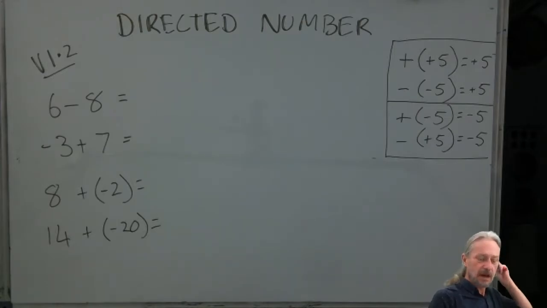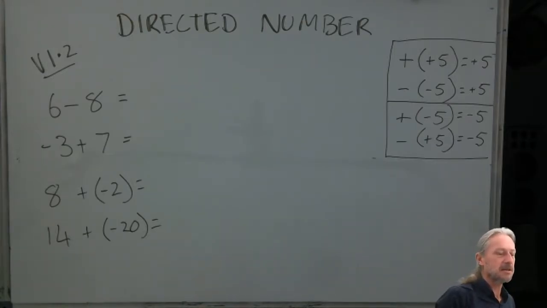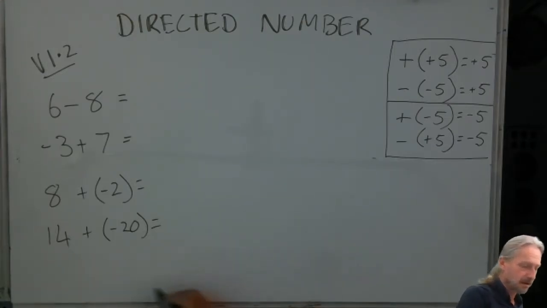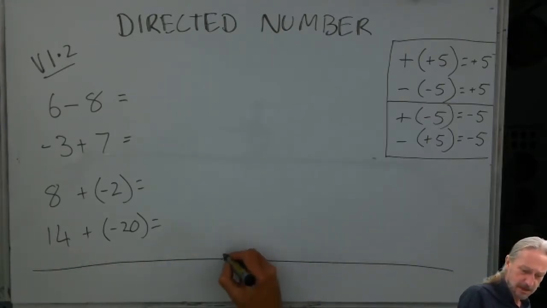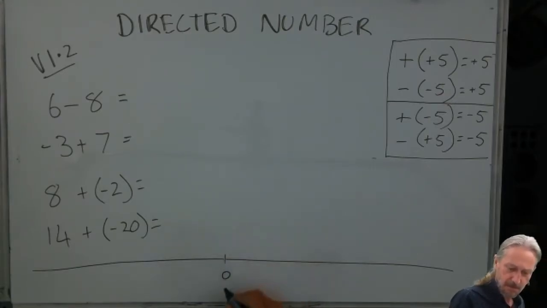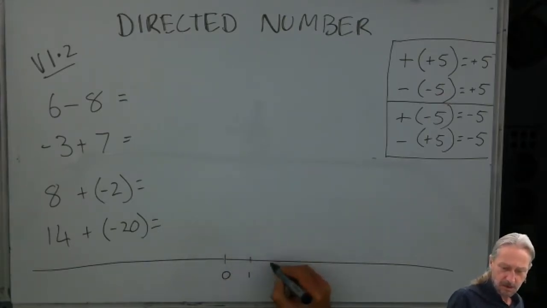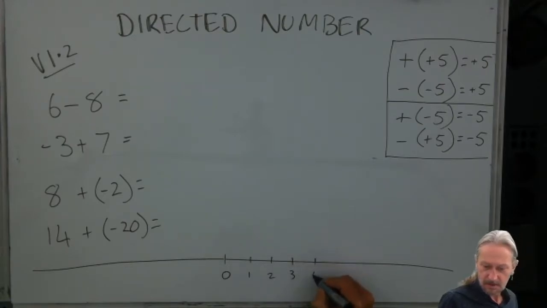Okay, so the easiest way to think about these is if we have a number line. So I'll just quickly do that. 0 in the middle. 1, 2, 3.